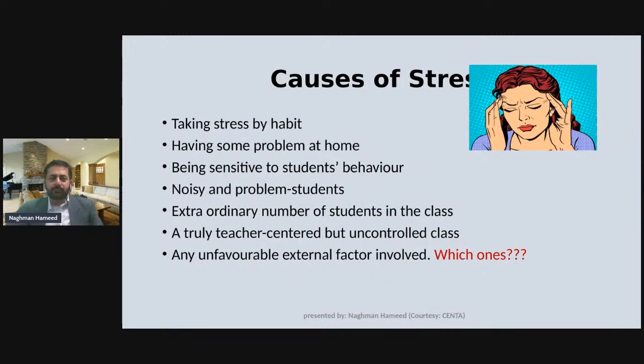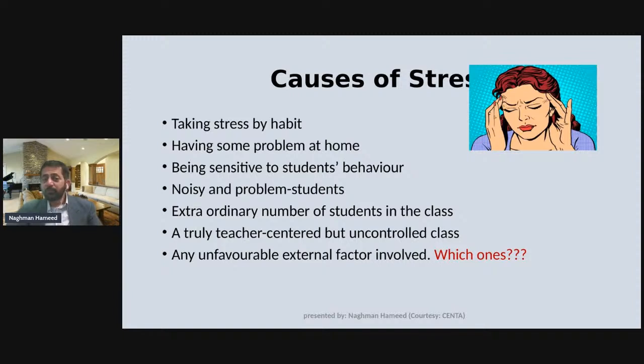Causes of stress. I'm sorry, I think the heading has been overlapped a little bit by the picture, but I think you'll be able to understand it, and I'll also speak out as the slides come. Right? I hope it's okay. Causes of stress.